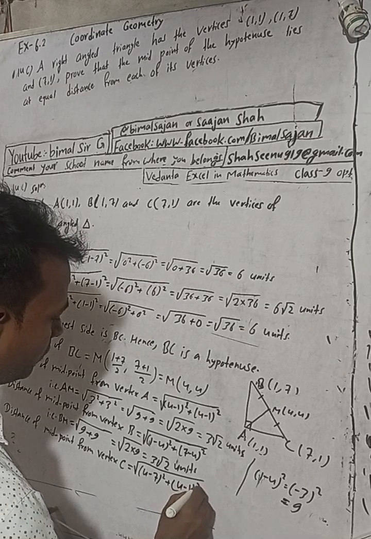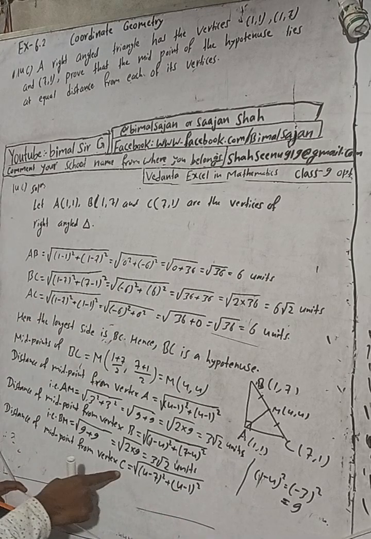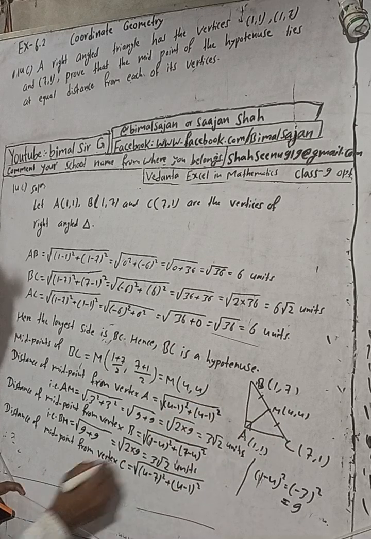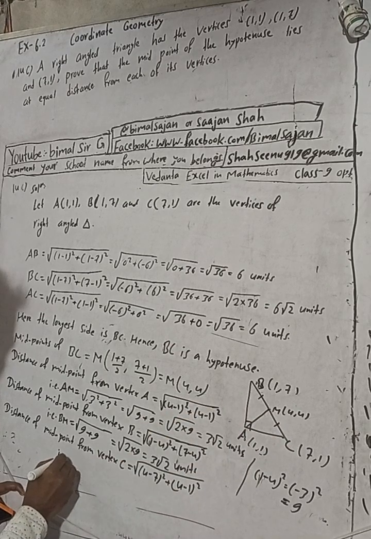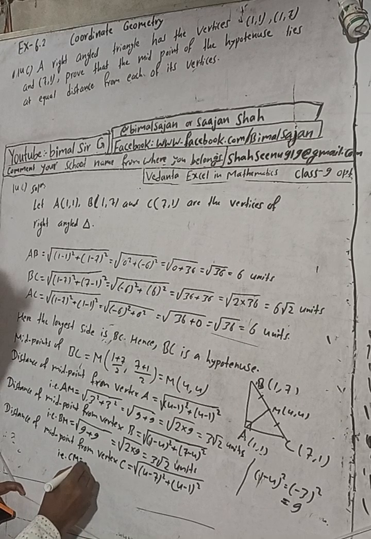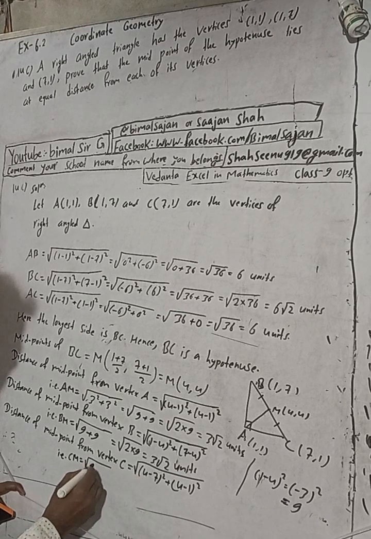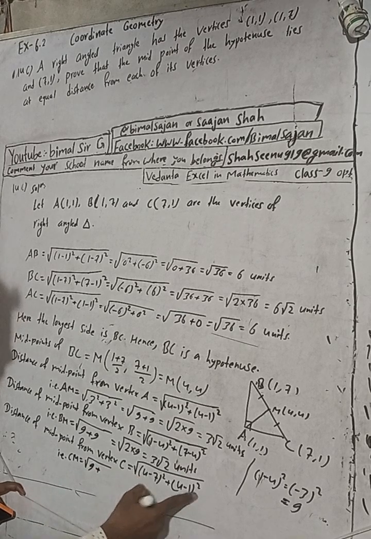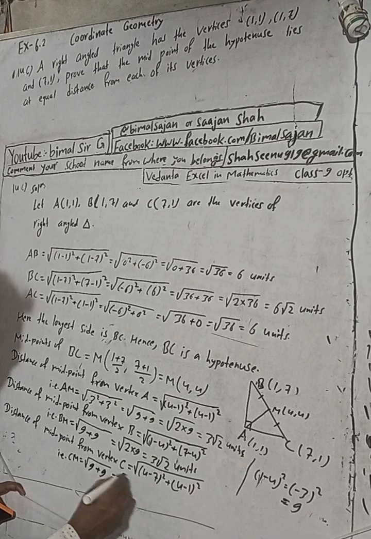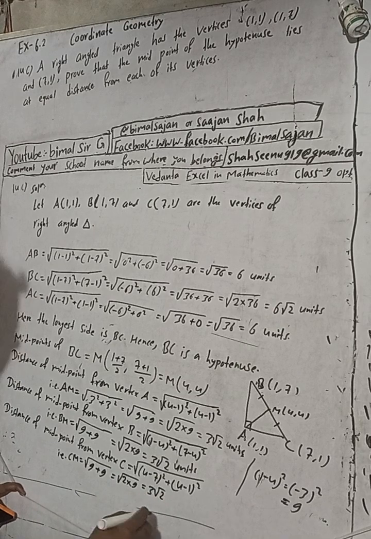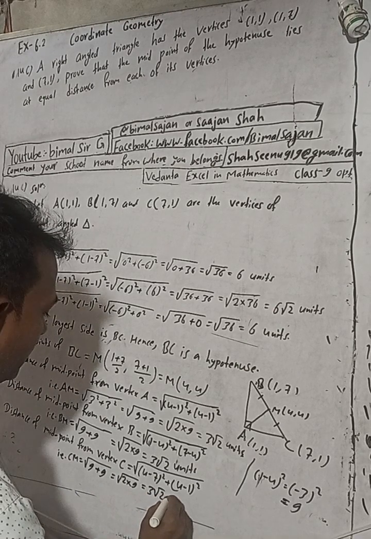So the distance of the midpoint from vertex C is MC, or CM. CM is equal to root under 4 minus 7, which is minus 3 square. Minus 3 square is 9, plus 4 minus 1 is 3, so 3 square is 9. So 9 plus 9 is 18, or we can write 2 into 9. The root of 9 is 3, and root 2 stays as it is. This much units.